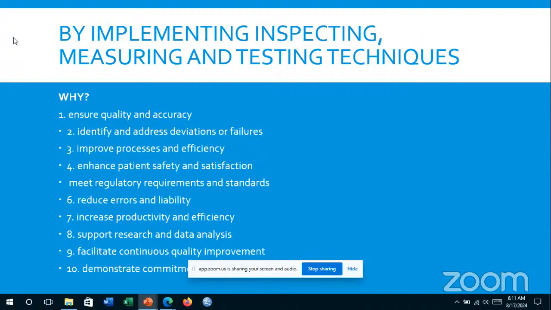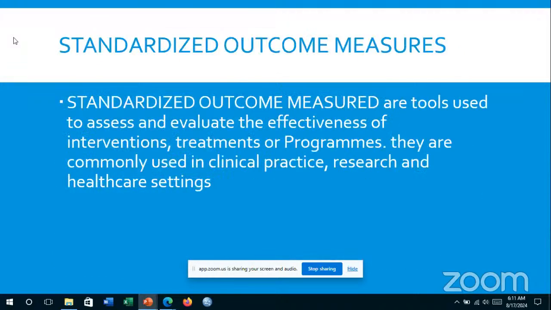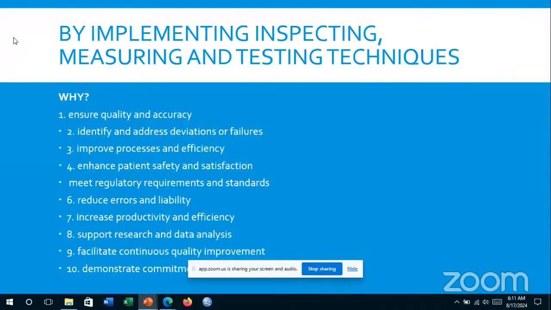You will be able to stay current with best practices and advancements in audiology. And to implement measuring techniques, so many of the steps that I said are the same steps that will be done under testing and inspecting.